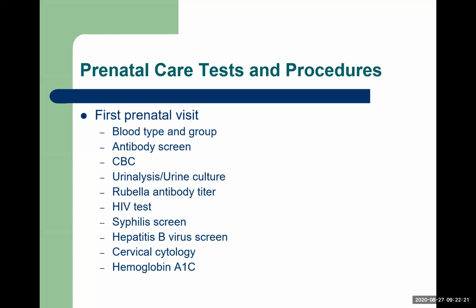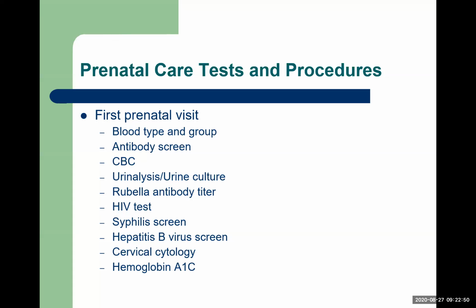The other reason we screen is that the patient may have unusual antibodies that require us to work on getting the appropriate type of blood in case of needing a blood transfusion. For those reasons, it's important that we test every patient for their blood type and antibody screen.